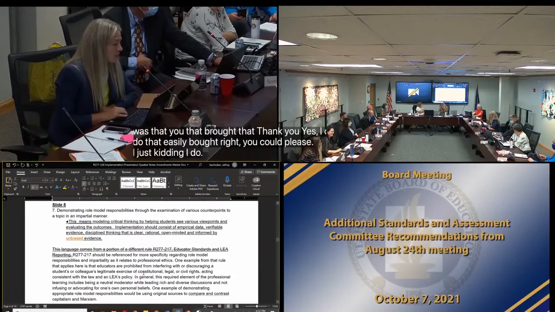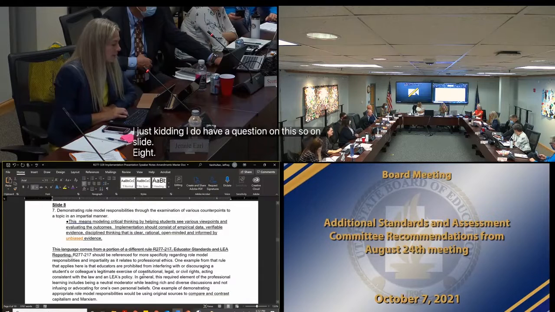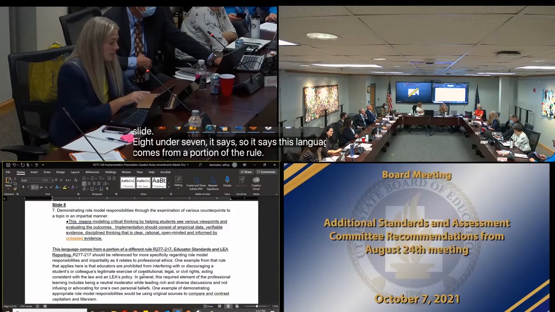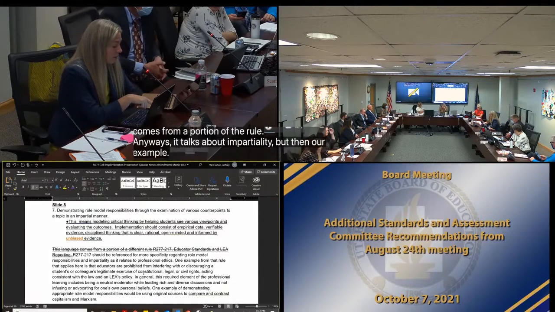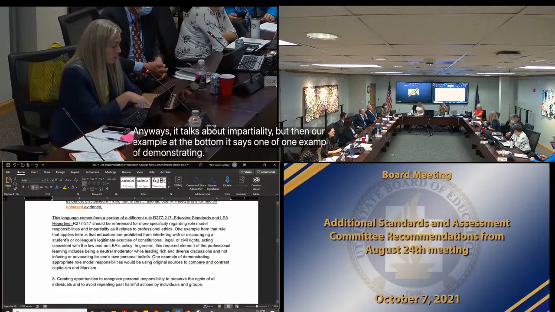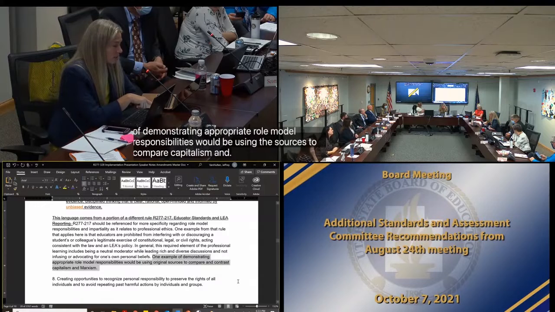I do have a question on slide 8, under 7. It says this language comes from a portion of the rule. It talks about impartiality. But then our example at the bottom says, one example of demonstrating appropriate role model responsibilities would be using the sources to compare capitalism and Marxism.